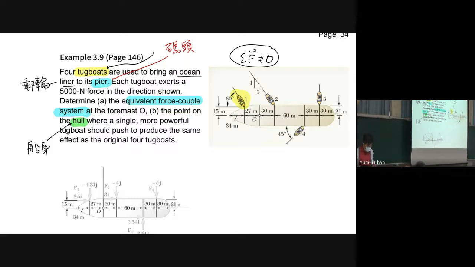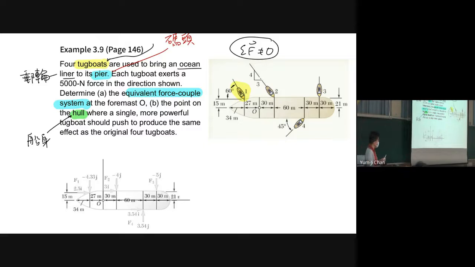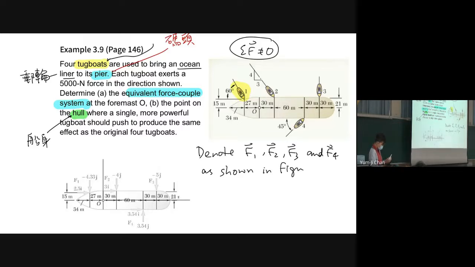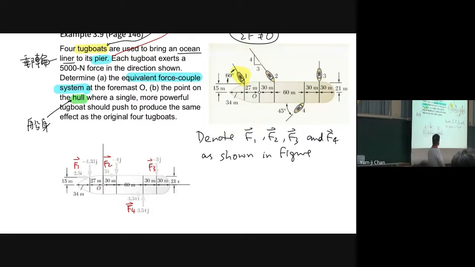Now, first of all, we give them names. So we have F1, F2, F3, and F4 here.